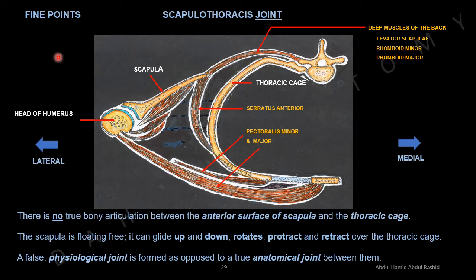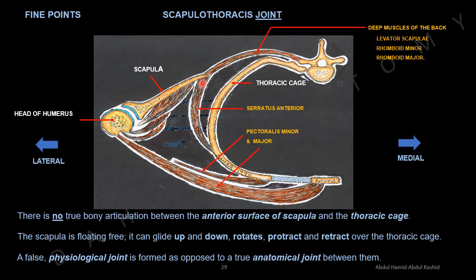Now see the muscles in these slides. You can see here, this is the pectoralis minor muscle, which will be attached to the coracoid process at one end, and the other end will be the thoracic cage. This is the scapula. This is the medial border of the scapula, anterior surface. This is the posterior surface of the medial border of the scapula.